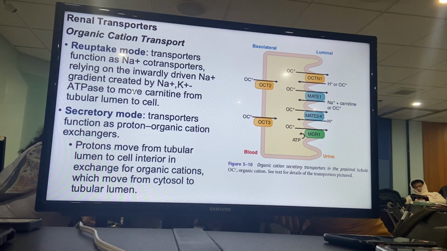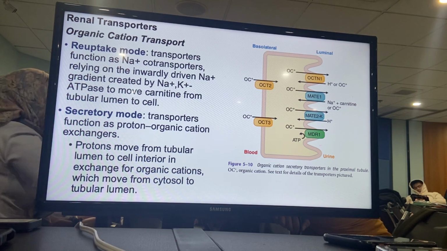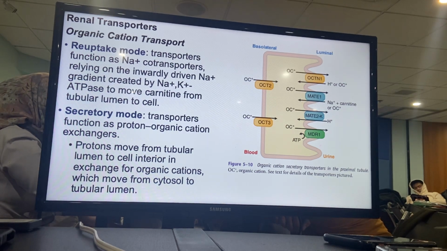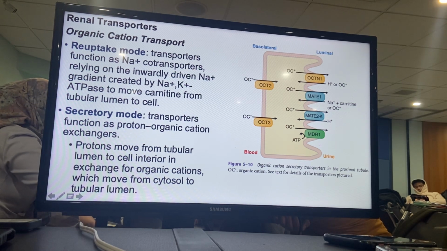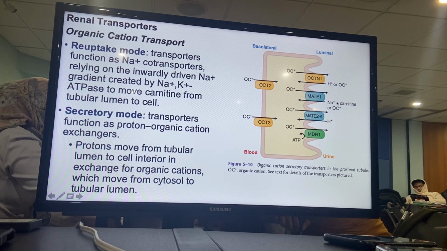Now there are two modes: a reuptake mode and a secretory mode of your OCT. In the reuptake mode, the transporters function as sodium co-transporters, relying on the inwardly driven sodium gradient created by your sodium-potassium ATPase, to move your carnitine from the tubular lumen into the cell. So that's the reuptake mode.